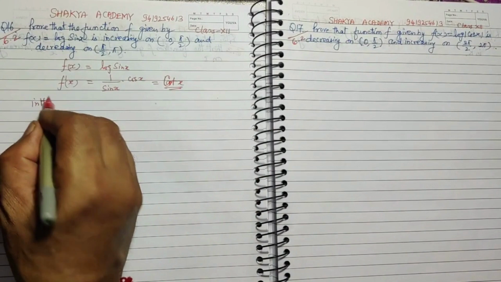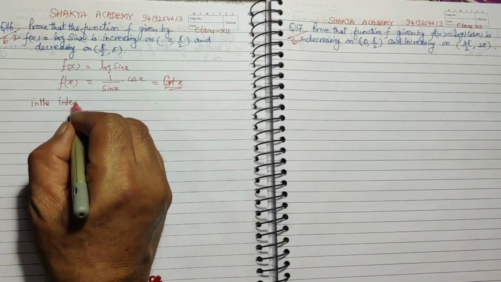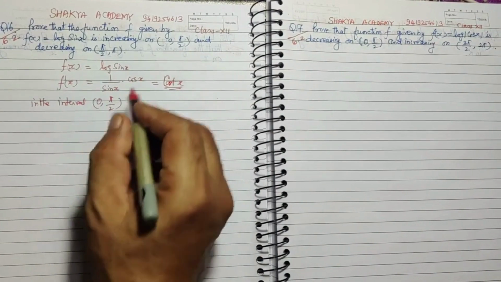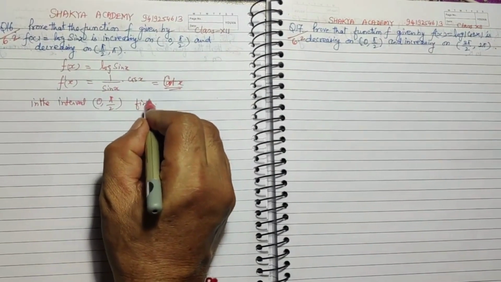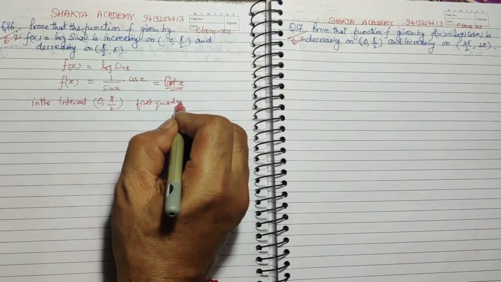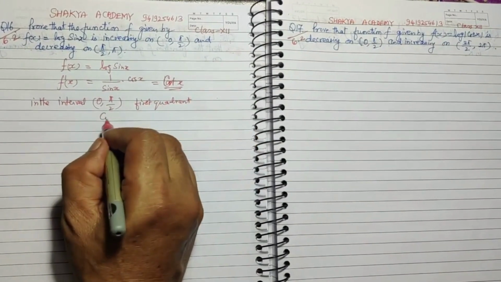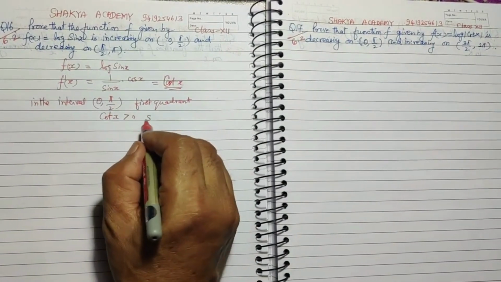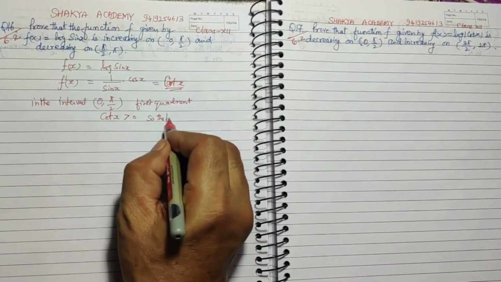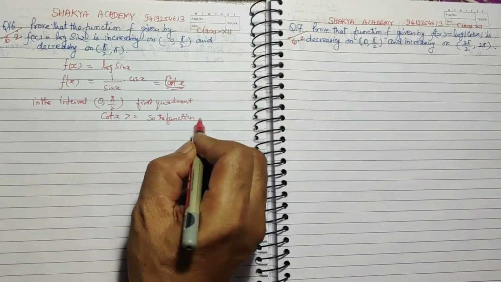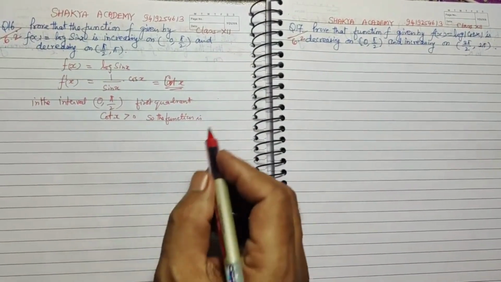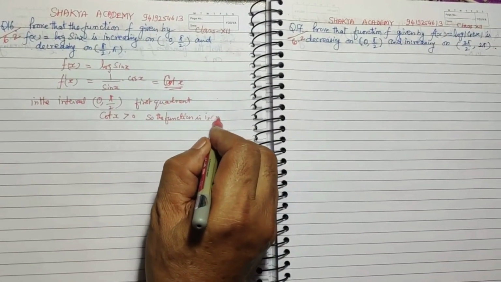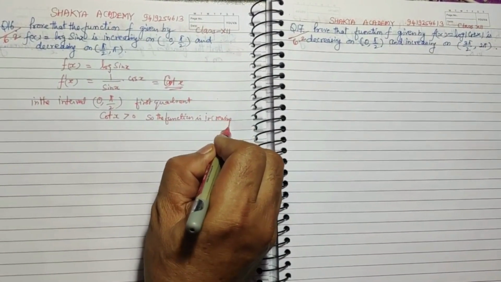In the interval 0 comma pi by 2, that is the first quadrant, cot x will be positive. So the function is increasing. The first part is proved.